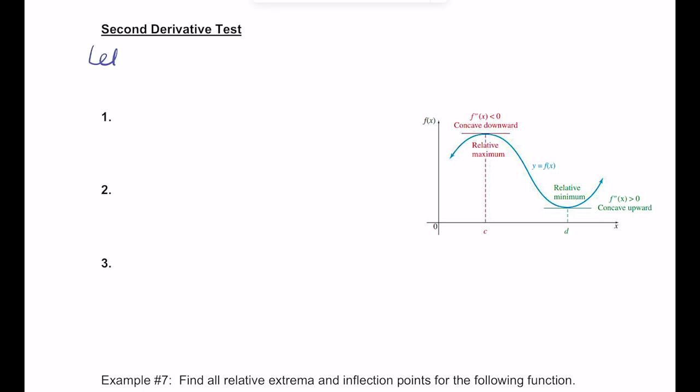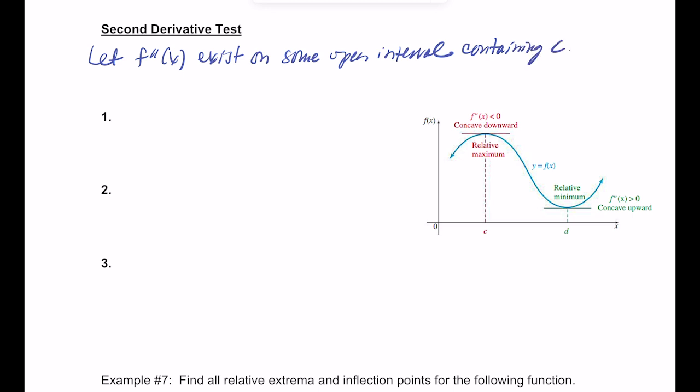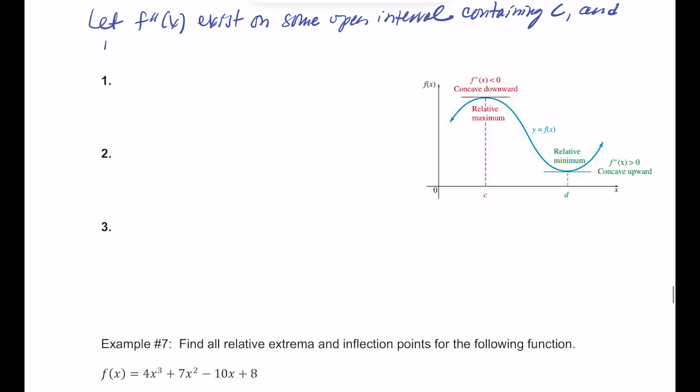So we're going to let f double prime of x exist on some open interval containing c, and we're going to let f prime of c equal 0.